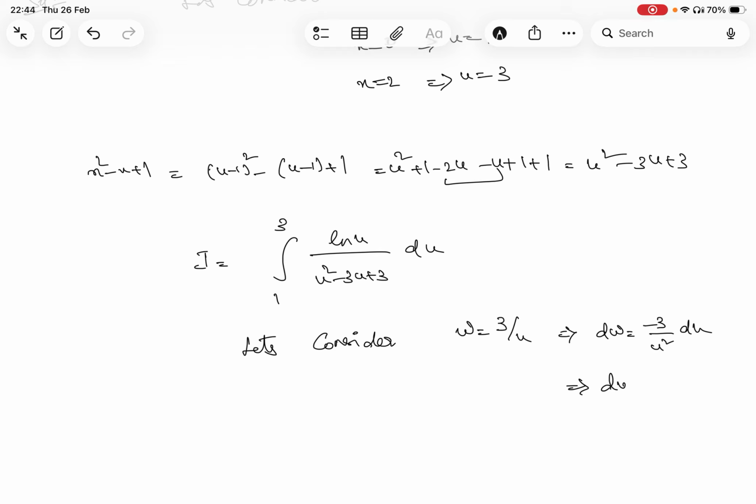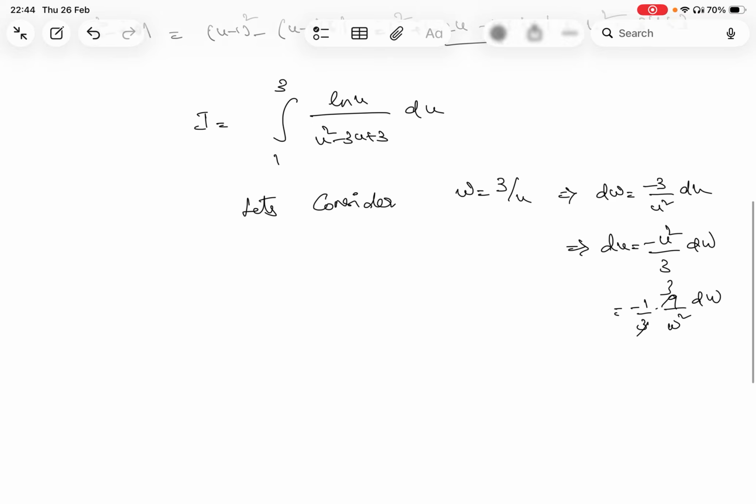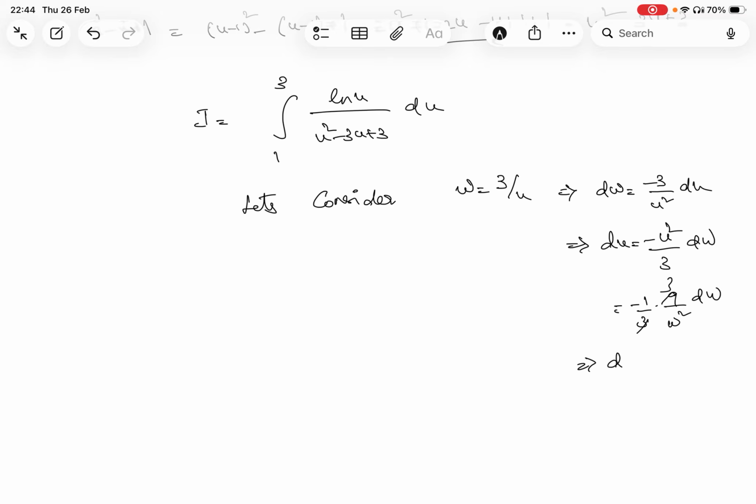This implies du equal to minus u² by 3 dw. From here, u is 3 by w, so u² is 9 by w², and this finally gives du equal to minus 3 by w² dw. Fine.